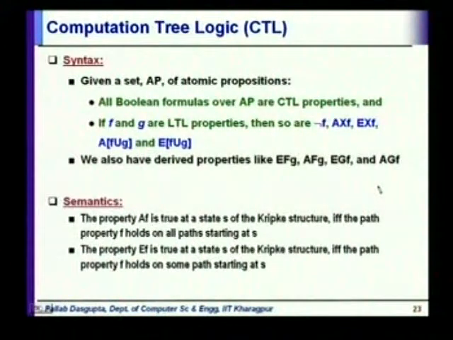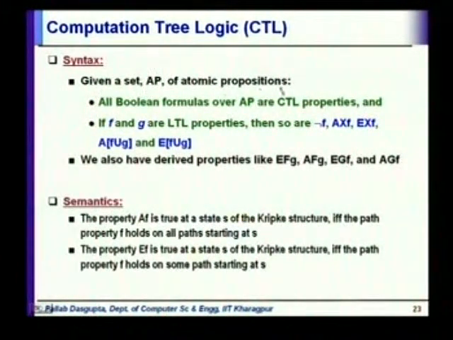Now we are going to look at some more complicated properties, but let us first see the syntax. So far we have just looked at one property, we have not looked at compositions of these properties, nesting of these properties. So, let us see the logic first. This is called computation tree logic or CTL. The previous logic that we had studied was linear temporal logic or LTL, and this is CTL.